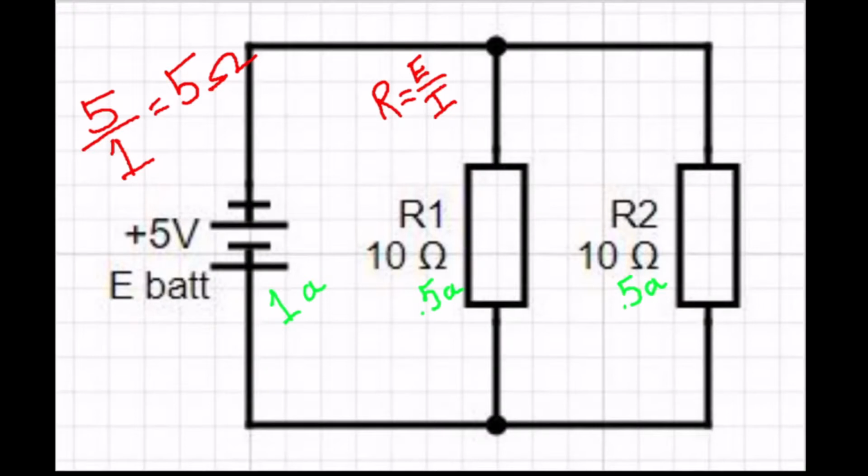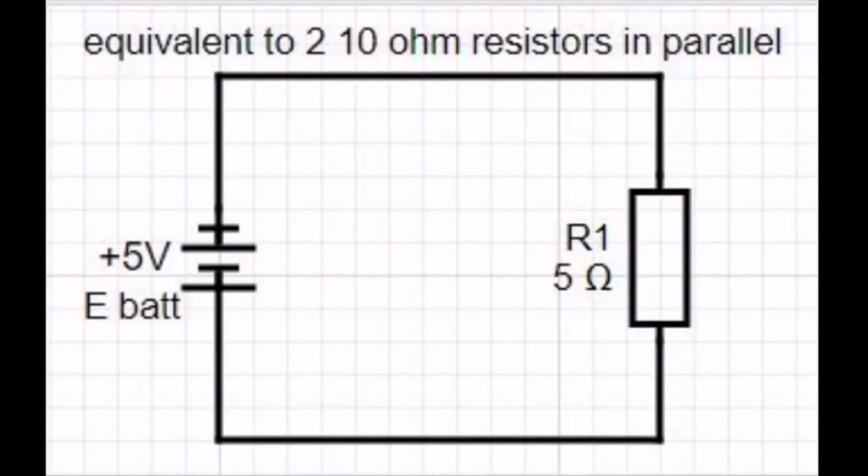What I'm going to suggest is that we substitute a drawing now that will have the 5 volts for the battery and will have the equivalent resistor in the circuit, and that will be a resistor equal to 5 ohms. Okay, so here is a new diagram of what this would look like.